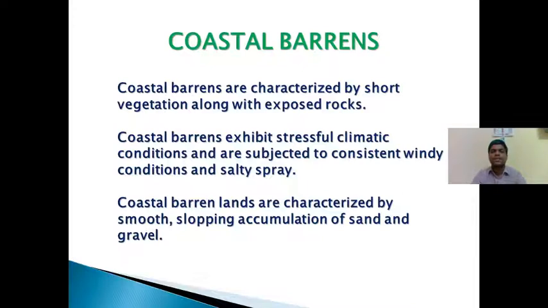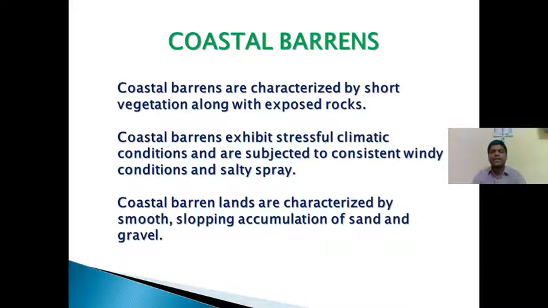Coastal barrens exhibit stressful climatic conditions and are subjected to consistent windy and salt spray conditions. These coastal barrens are found along the beaches. They continuously have high wind velocity along with a high amount of salty spray. This wind velocity and salty spray affect the proper growth of vegetation, and because of this the vegetation is stunted or has improper growth.